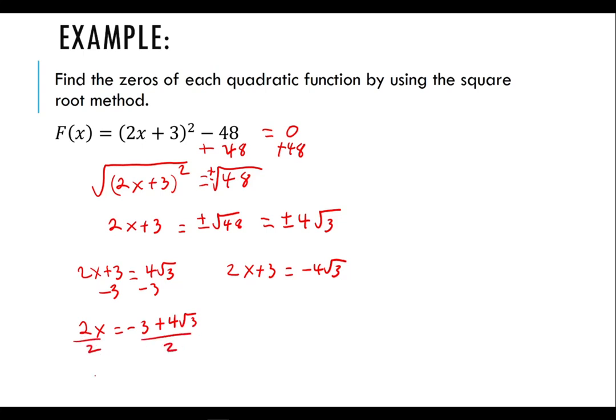Divide by 2. X is then equal to negative 3 plus 4 root 3, all divided by 2. Here, subtract 3. 2x is equal to negative 3 minus 4 root 3. Divide by 2. I get that x is equal to those two things.